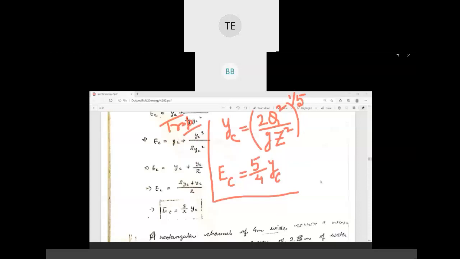Z, I think you all know. When you talk about trapezoidal, we will be having side slope, that is 1 is to z. So that z is this. YC is 2 q square divided by gz square whole to the power 1 by 5, and EC is equal to 5 by 4 YC.